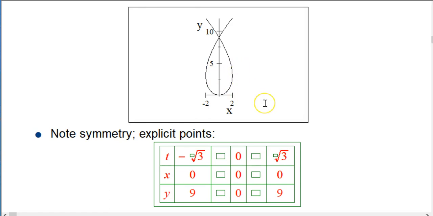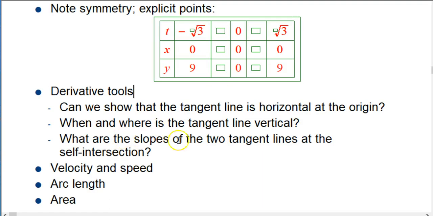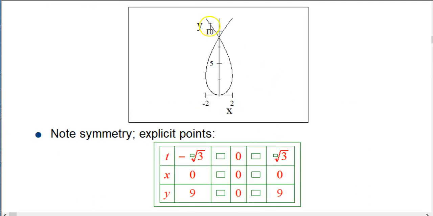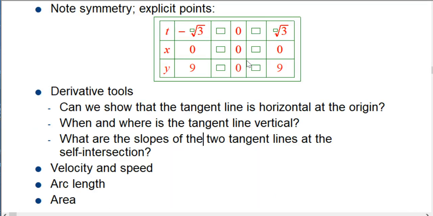Exactly where are those points? And another thing would be, what about the slopes of the 2 tangent lines at the self-intersection? That's interesting. There's 2 times it goes through that point, and it's going in different directions. That is not something you have an analog of when you're looking at the graph of like y equals f of x.